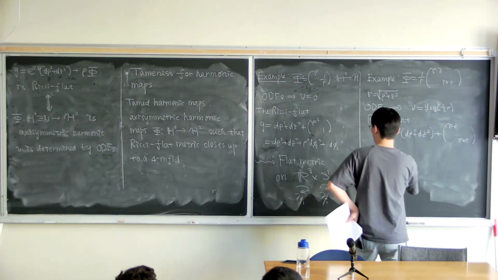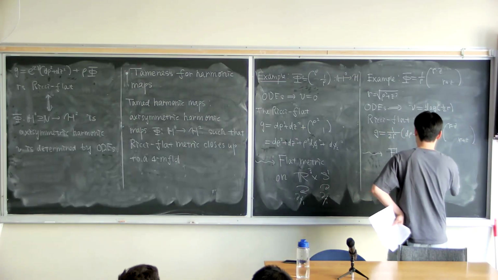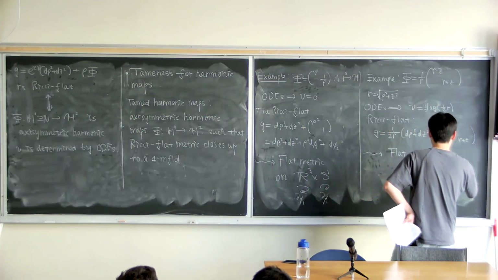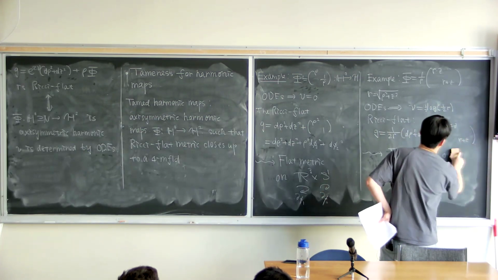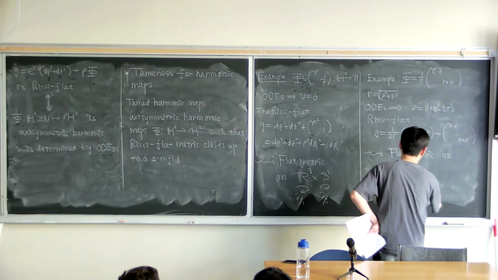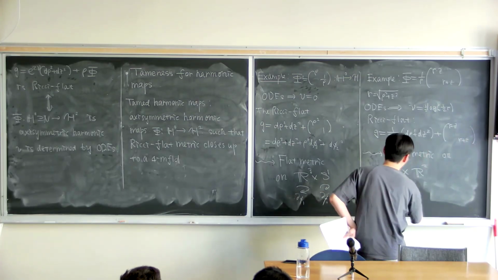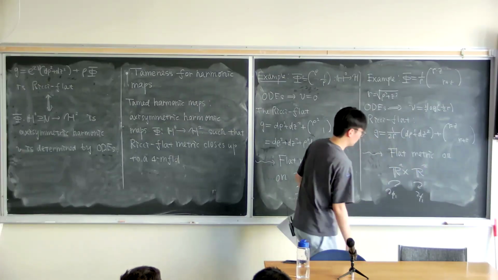This gives you the flat metric on R2 cross R2. Here. R2 cross R2. And you have two rotations here. Partial phi 1, partial phi 2.